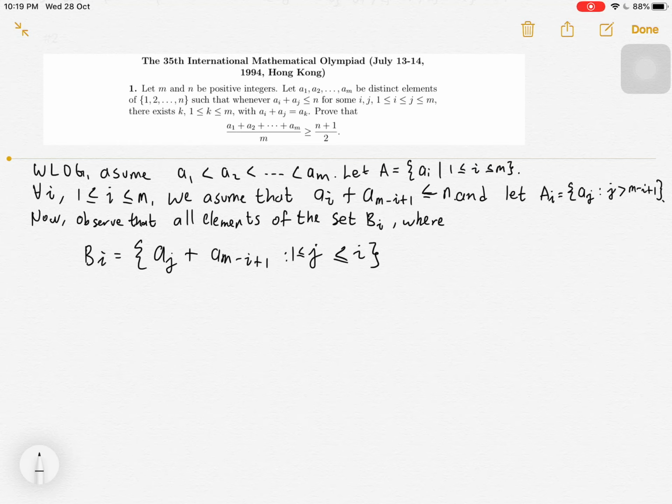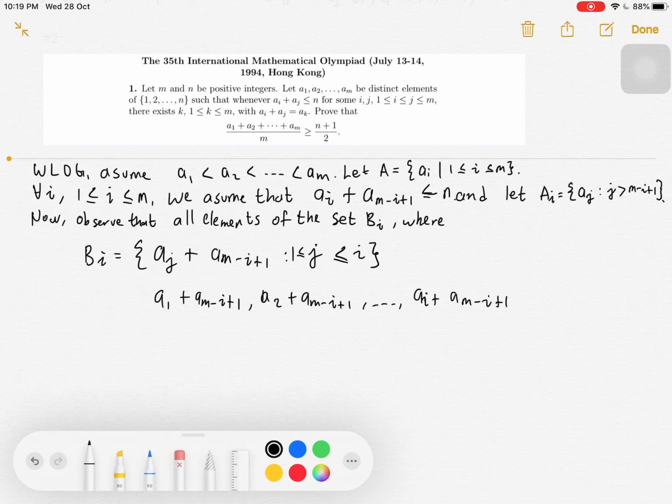So this means that Bi consists of a1 plus am minus i plus 1, then a2 plus am minus i plus 1, up until ai plus am minus i plus 1. Alright?